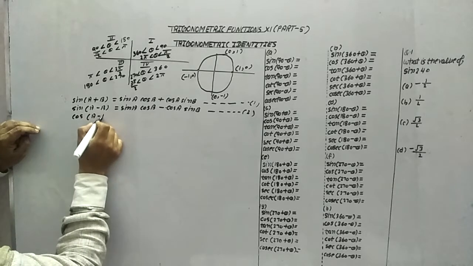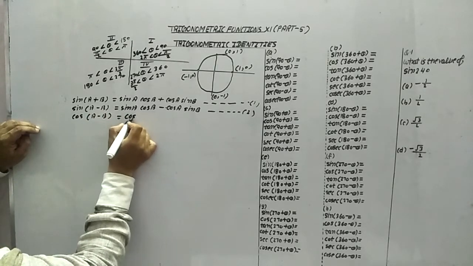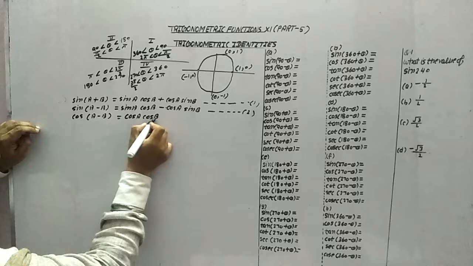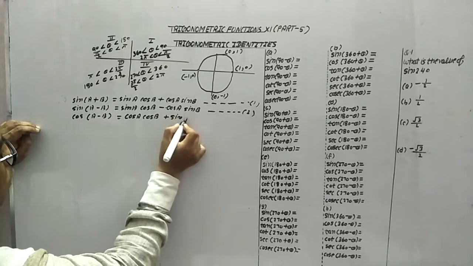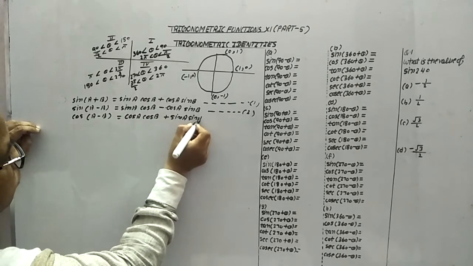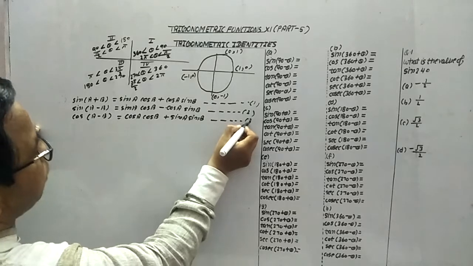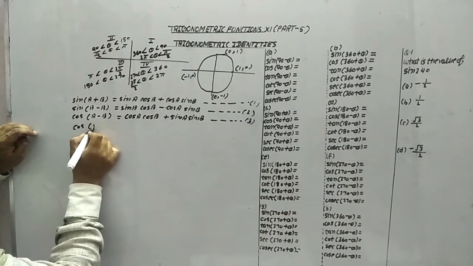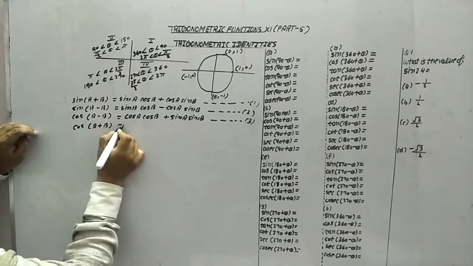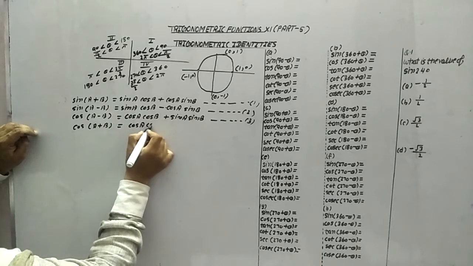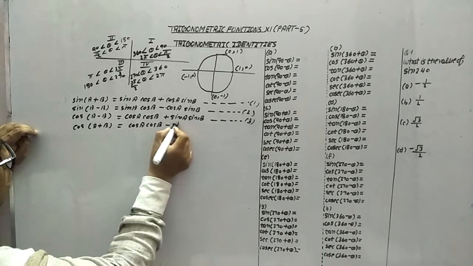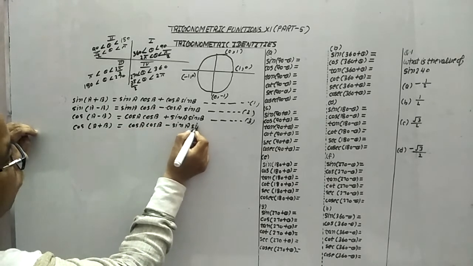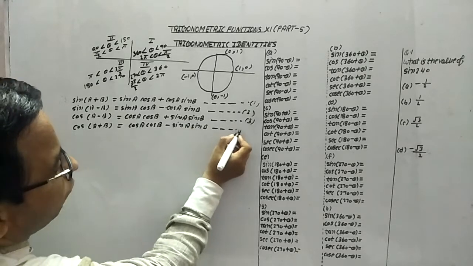Cos a minus b is equal to cos a cos b plus sin a sin b. This is equation number 3. Now let us suppose cos a plus b is equal to cos a cos b minus sin a sin b. These four identities are very useful to do the proof.